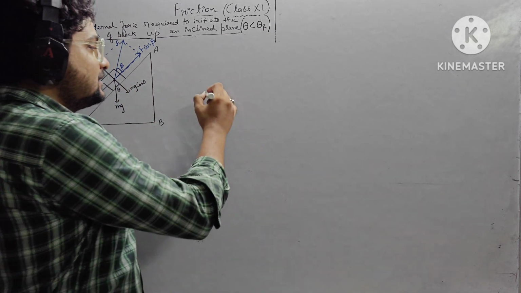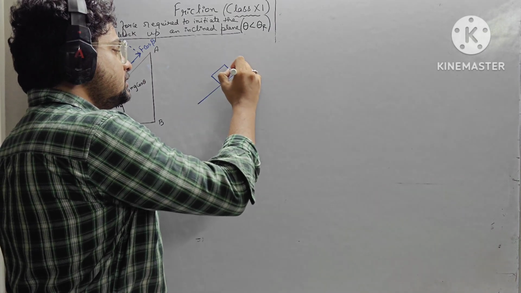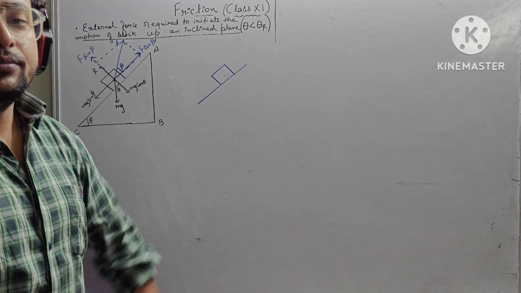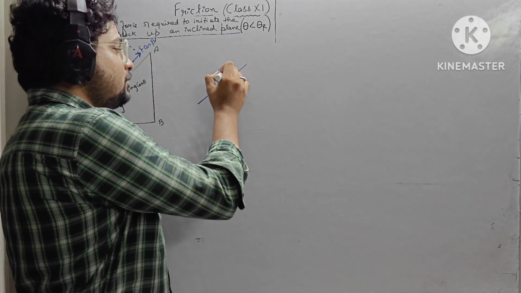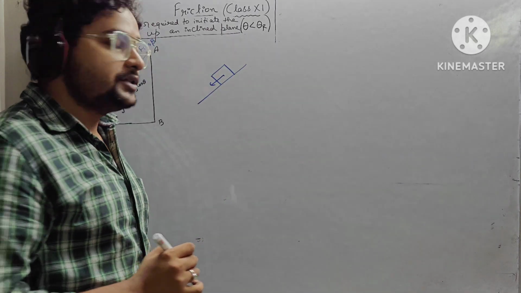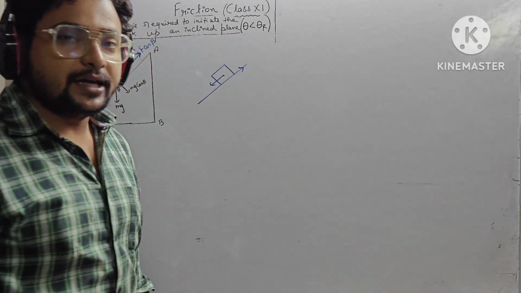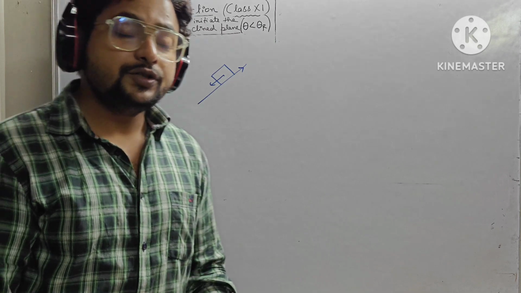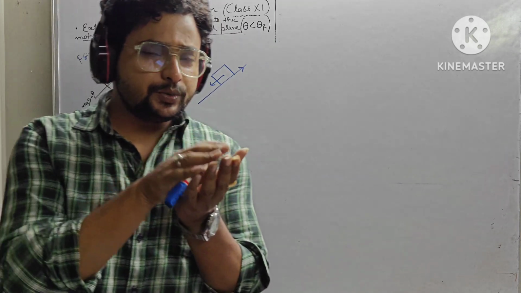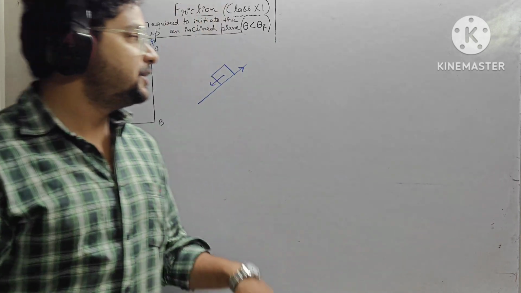Now see, as long as the block was just simply placed, it had a tendency to move down, but friction was acting upward. That's why the block was not moving, because friction always wants to keep the two surfaces together.